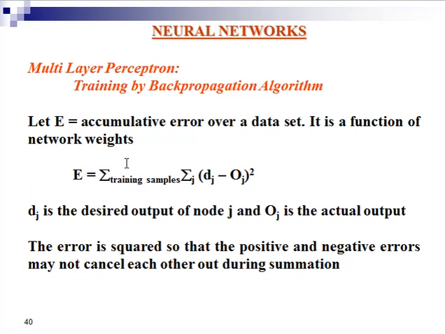You will see this mathematical expression is basically the summation of the difference between the desired output values and the actual output value, and we are computing a squared sum here. This will be performed for all the training samples present in the data set, right?